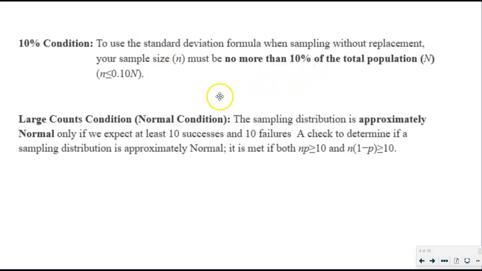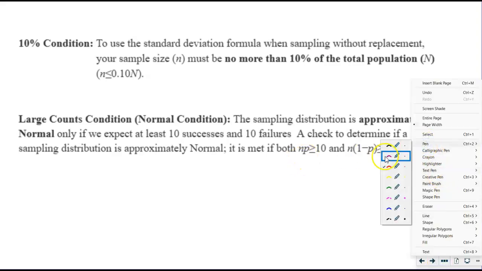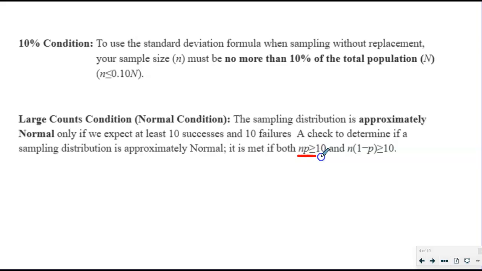We also want to check the large count condition. The sampling distribution is approximately normal only if we expect at least 10 successes and 10 failures. To determine if the sampling distribution is approximately normal, both of these things need to be true: n times p needs to be greater than or equal to 10, and n times 1 minus p needs to be greater than or equal to 10.